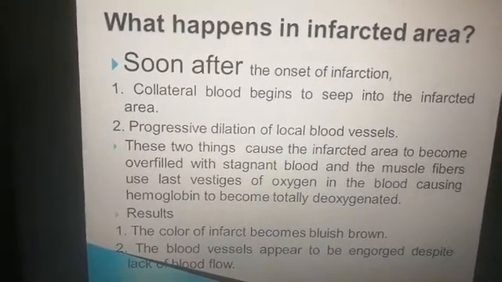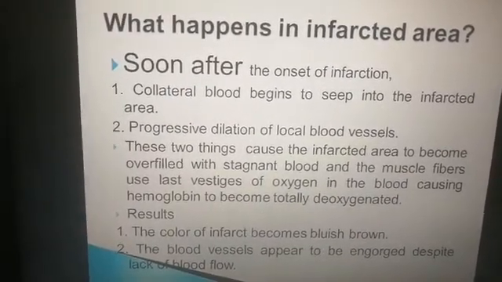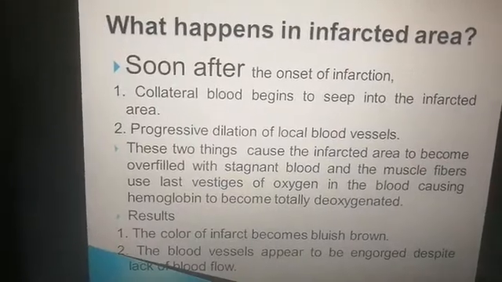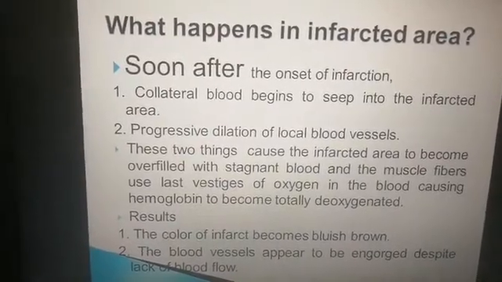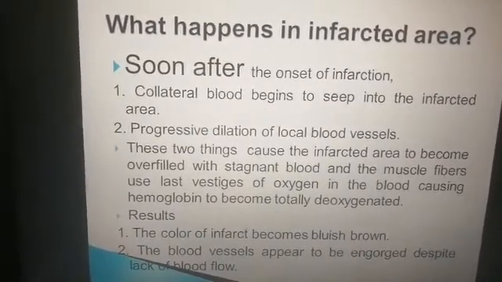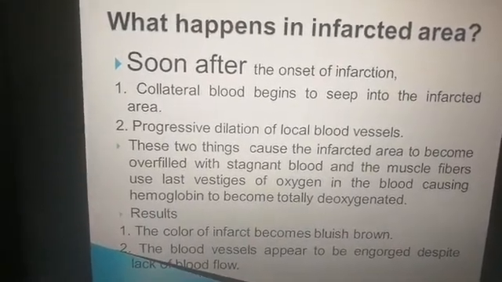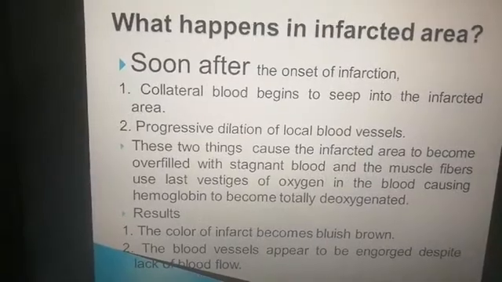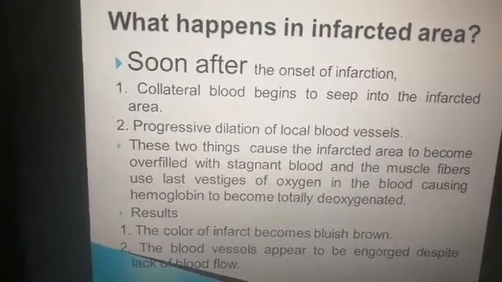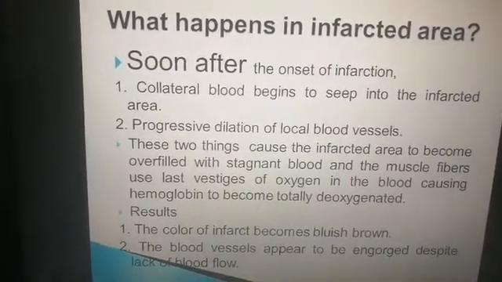So the last amount of oxygen is utilized, and only deoxygenated blood remains. Due to this deoxygenated blood, the color of the infarct becomes bluish brown, and the blood vessels appear engorged despite lack of blood flow.